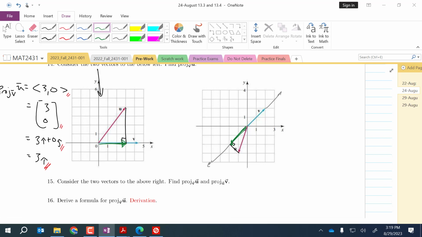You'll have some in your homework, but it's not common to be able to just guess what the vector is by drawing a picture. Usually, you have to do computations to figure this out. So what is this vector that I just sketched? The projection of vector u onto vector v is equal to, what's that vector? This would be the vector -2, -2, or any of the other myriad ways of writing that answer.